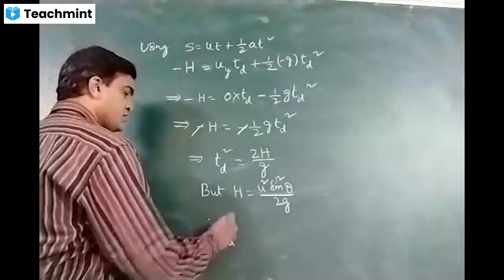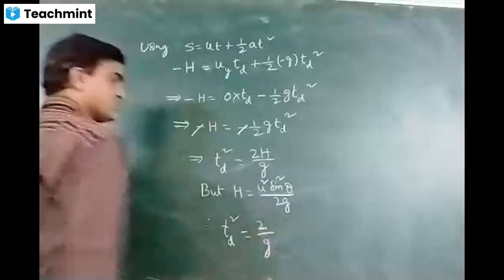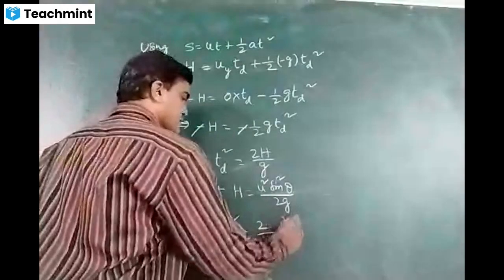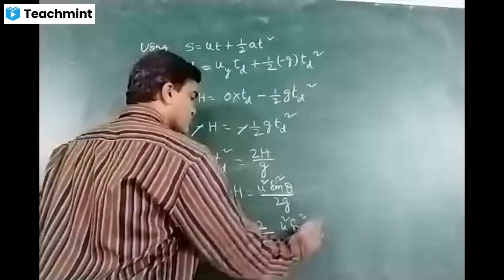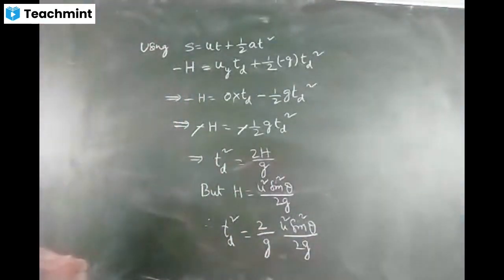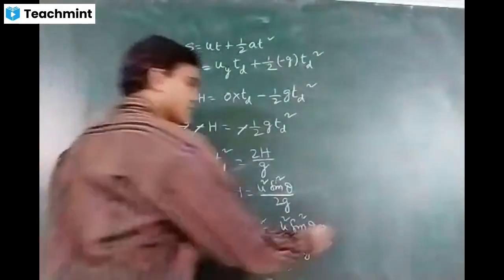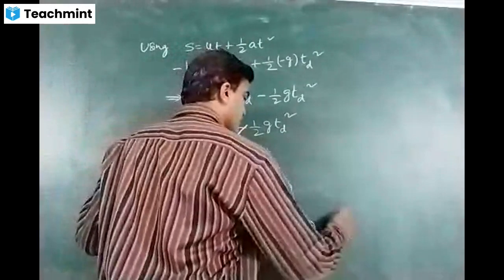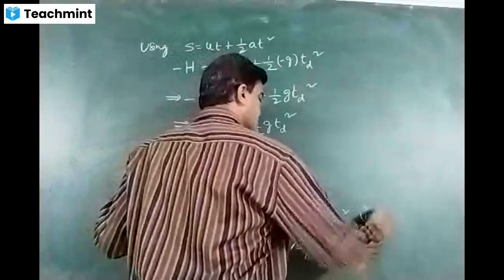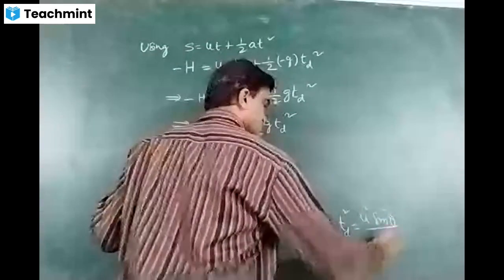Therefore td square is equal to 2 by g, and in place of h, let me write u square sine square theta by 2g. Now if I simplify further, I can cancel 2 and 2. I am getting td square as u square sine square theta upon g into g, which is g square.